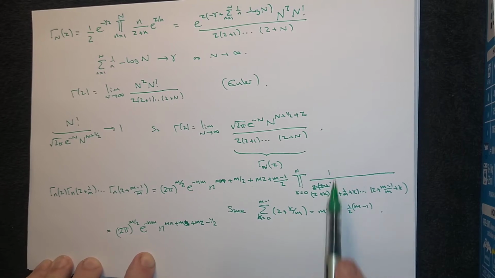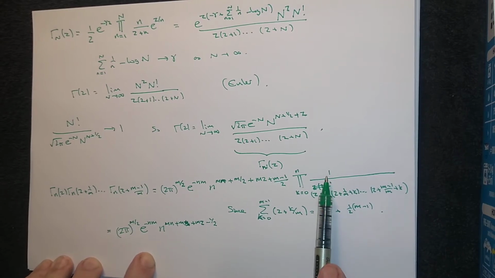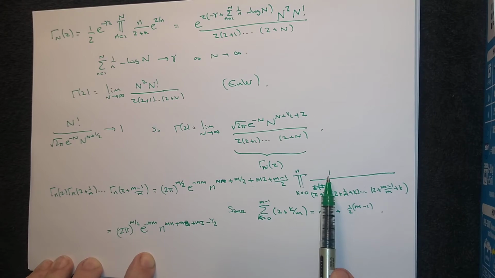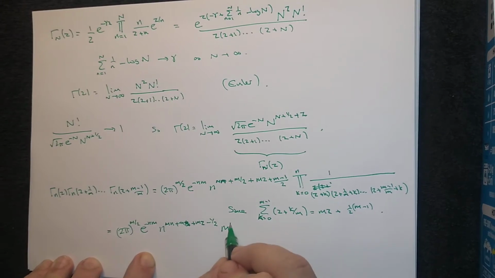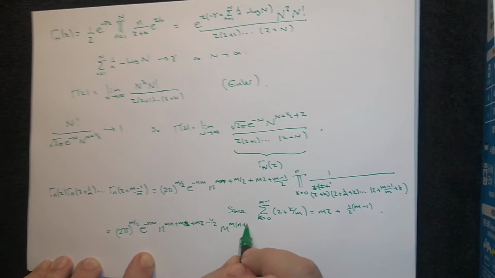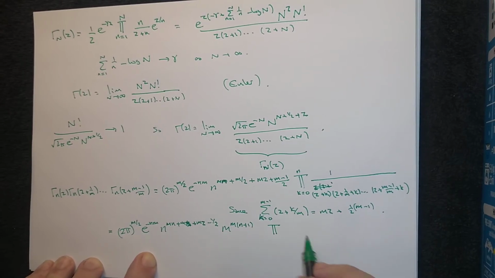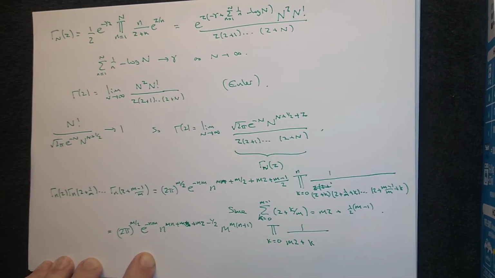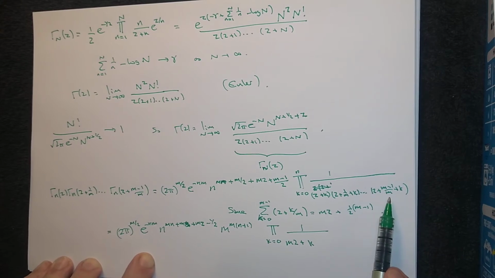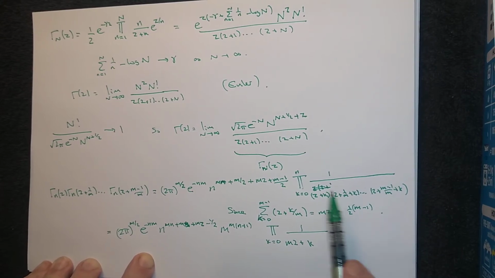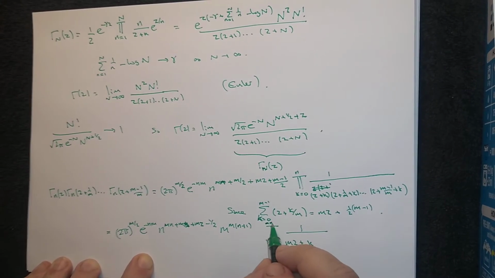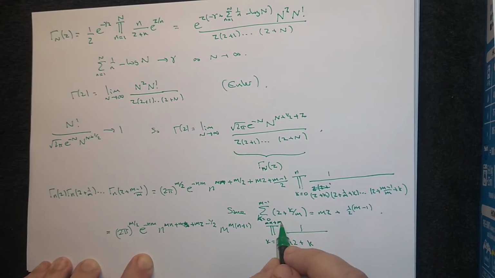I multiply this top and bottom by m to the m, so I get m to the mn plus 1 times the product 1 over mz plus all integers k from k equals 0 all the way up to the top one, which will be mn plus m minus 1.